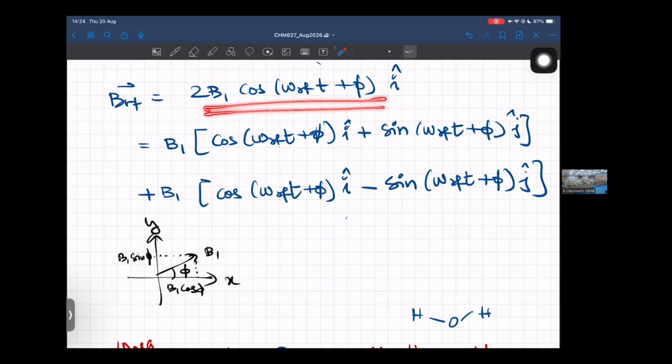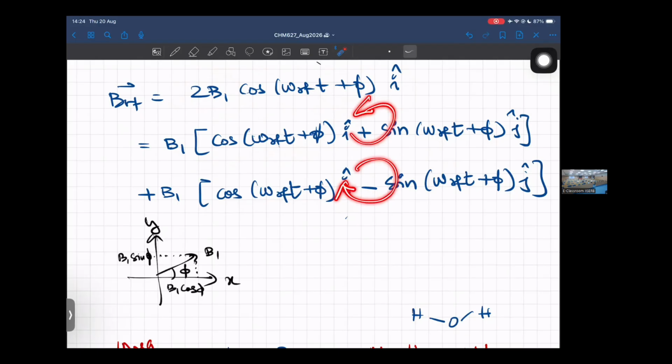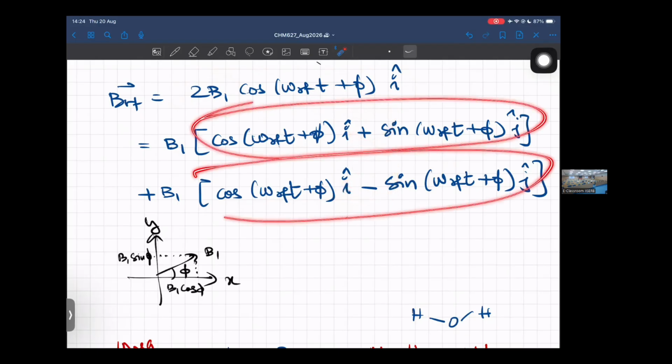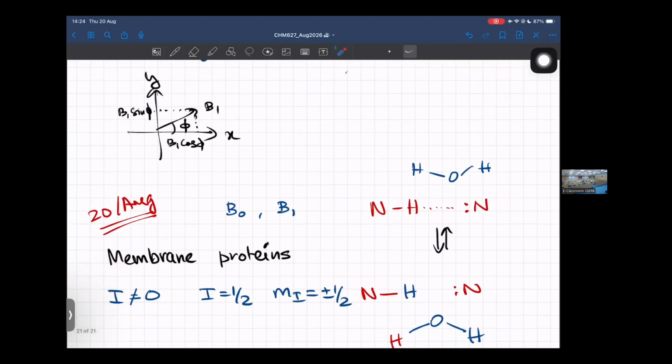Just a simple math representation of 2A being A plus B plus A minus B, where the B parts cancel each other, and the 2A part is what you started off with. The reason we did this is that one component is one type of rotation, while the other is the opposite type of rotation, meaning precession. Only one of these components would end up interacting with your spins based on the gamma. And the other component more or less has no effect.